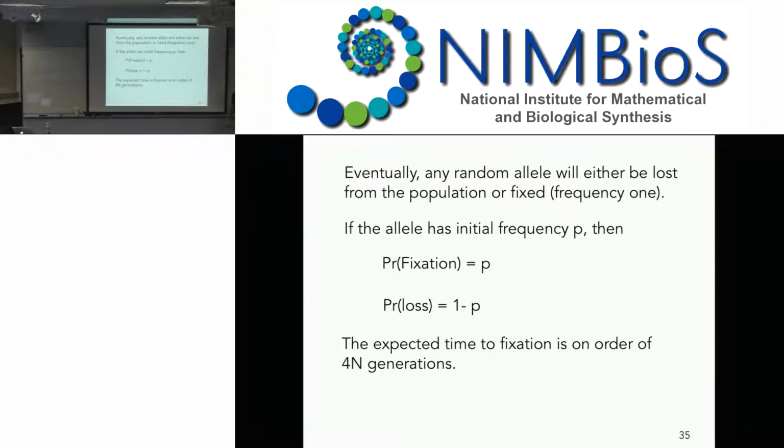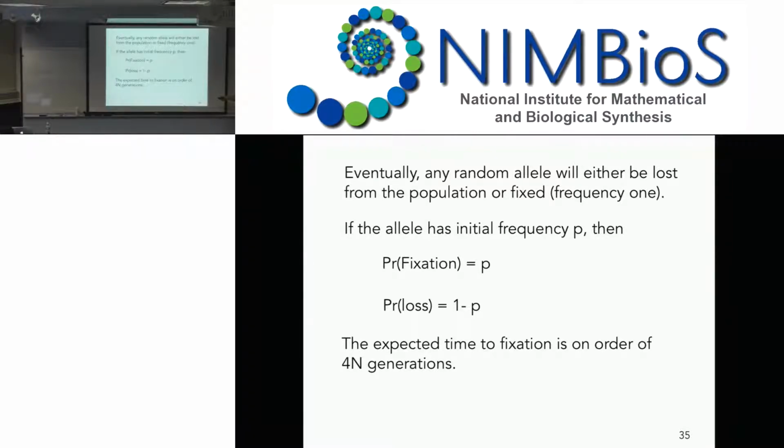So if the frequency is 17% in a population of size 50 or a population of size 10 billion, in both populations, the one allele is eventually going to become fixed, and the probability in both those population sizes of that allele being fixed is 17%. It's independent of the population size.